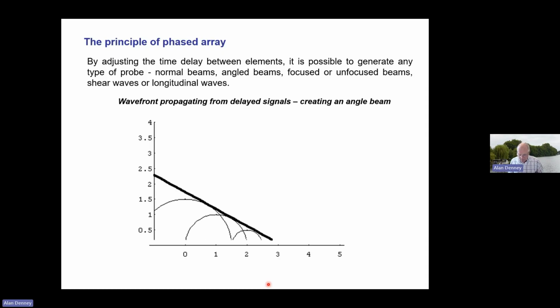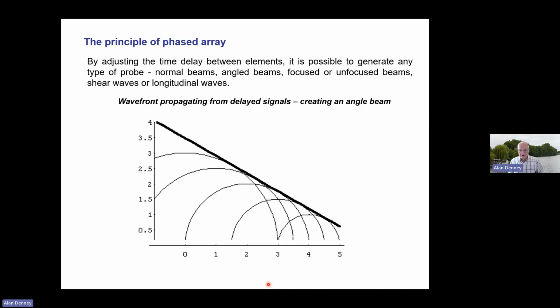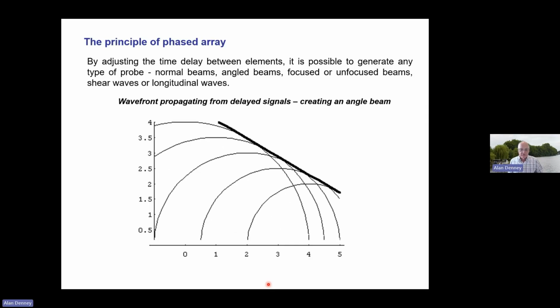This is just a simple representation of what's happening. It shows 5 elements there, and they are firing at different times, milliseconds apart, and they generate a different sort of wavefront, and you can vary that wavefront by the way these channels are fired.